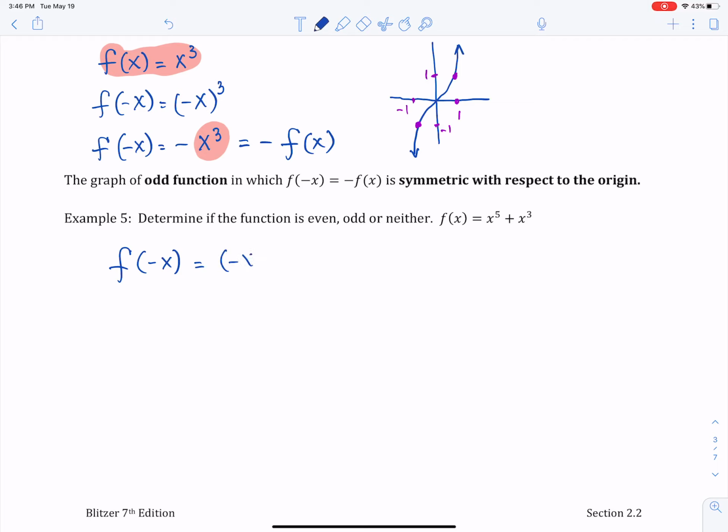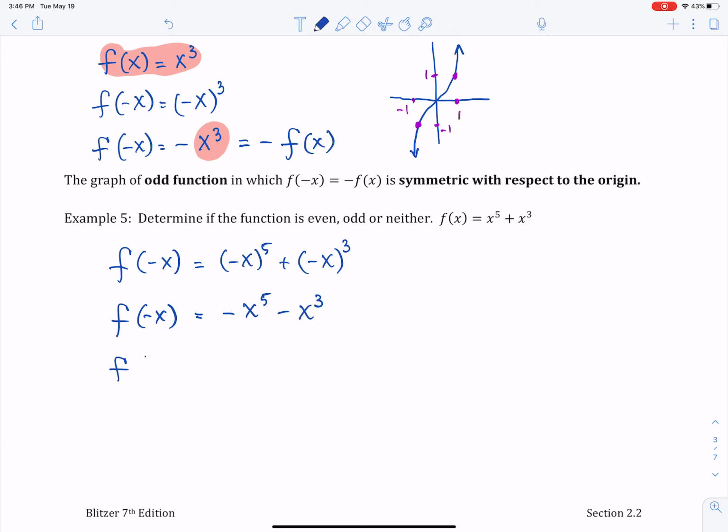That's negative x to the power of 5 plus negative x to the power of 3. Since an odd power keeps the negative sign, I'm going to write that underneath: negative x to the 5th and negative x cubed.